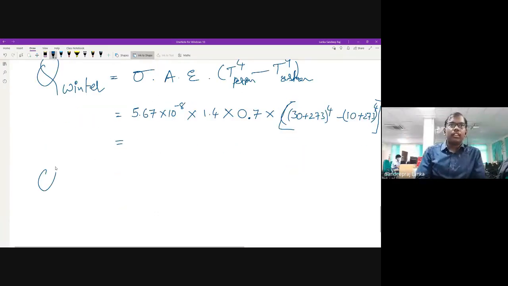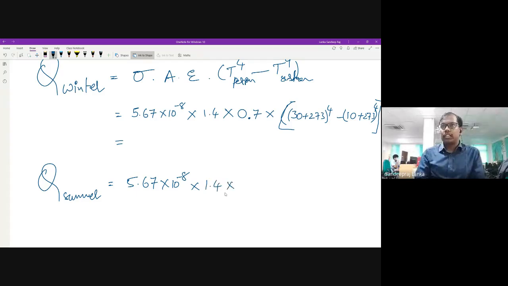The same way you'll get it for Q in summer also. It is 5.67 into 10 to the power of minus 8 into the area, which is 1.4 meters square, and this is 0.7 into the person's temperature, 30 plus 273 whole to the power of 4 minus this 25.